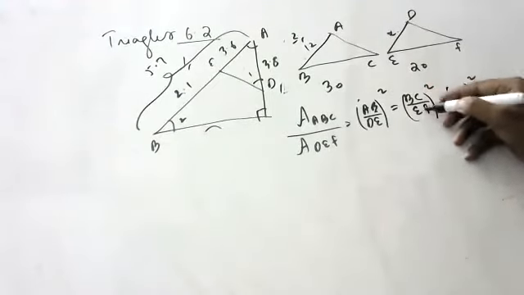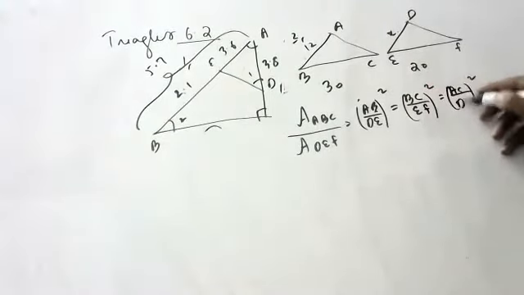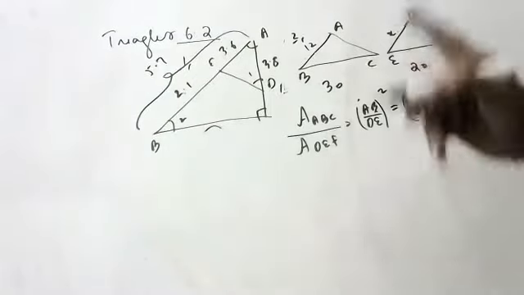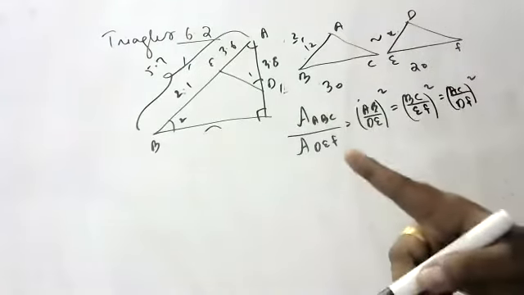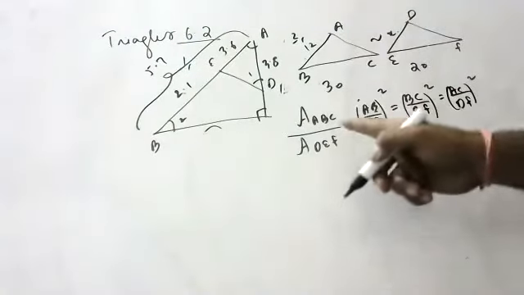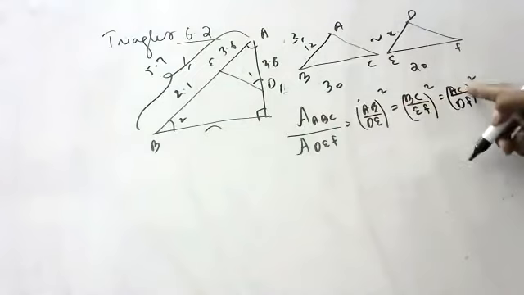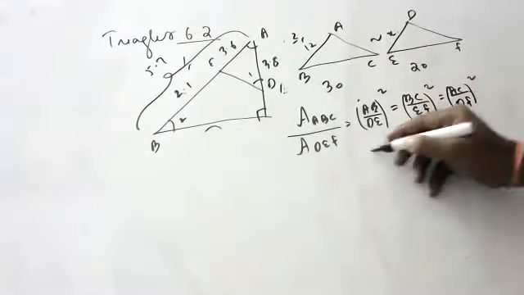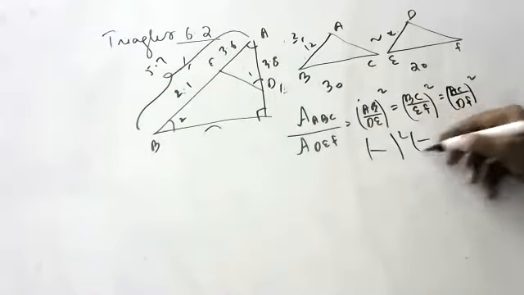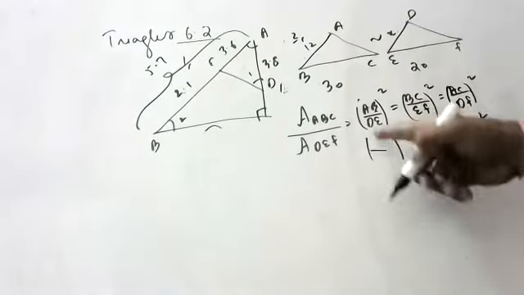This is one theorem, children. Actually, it was deleted for this year. But if they are similar, areas are always in the ratio of squares of corresponding sides.